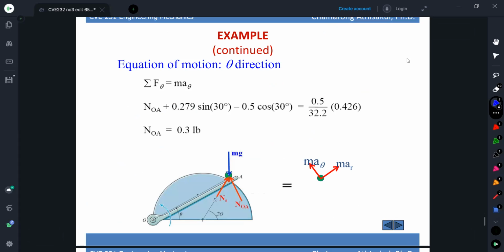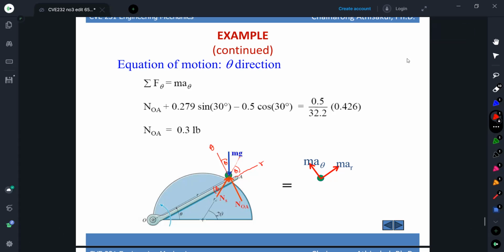Now let's take a look at the equation of motion in the theta direction. For the theta direction, we do the same thing. This angle is theta, so this is our r direction, and this is theta, right? And this is the theta direction, and this is theta also.